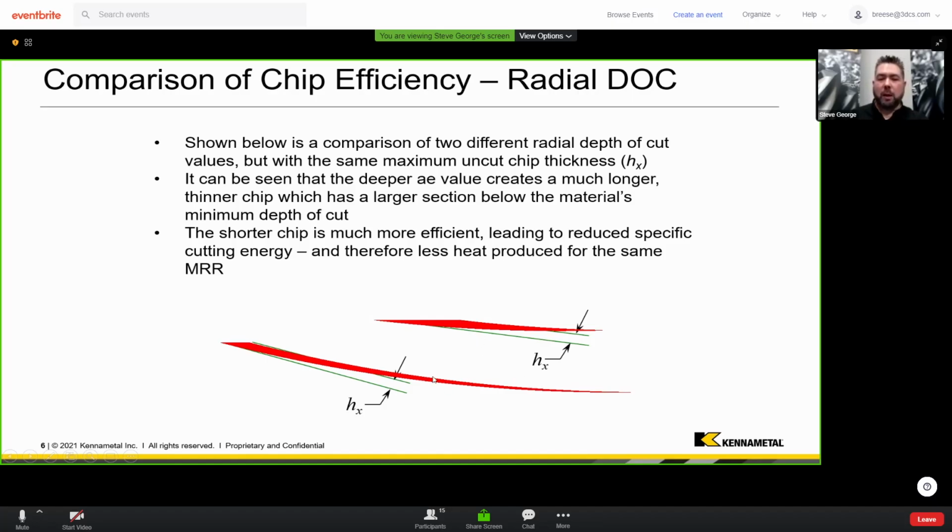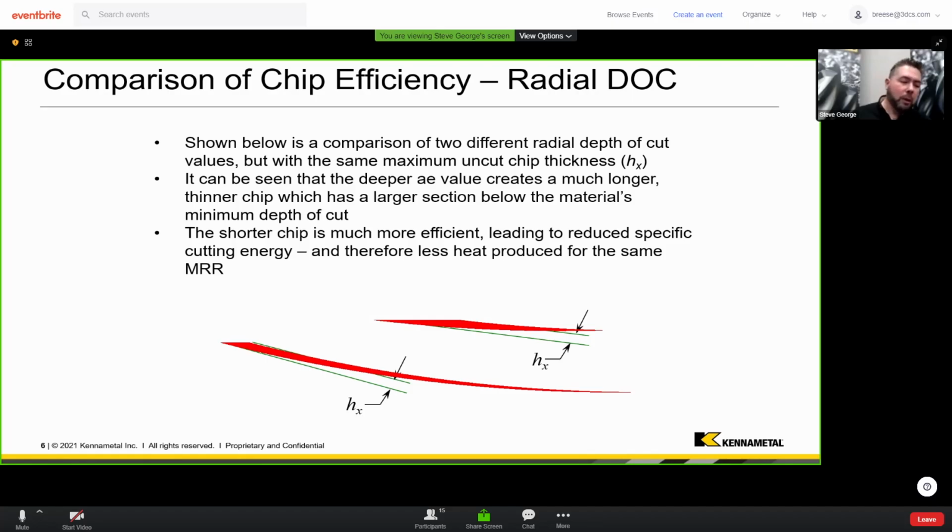So if I compare these two, this shorter chip, just based off of its geometry, is so much more efficient, and this leads to a drop in specific cutting energy. We know that a huge percentage of our energy is converted to heat in machining.